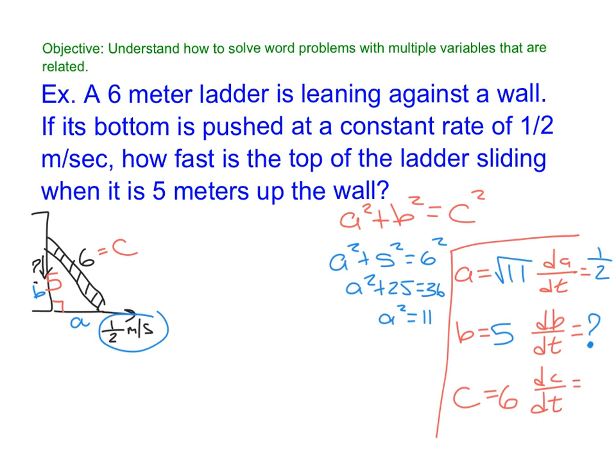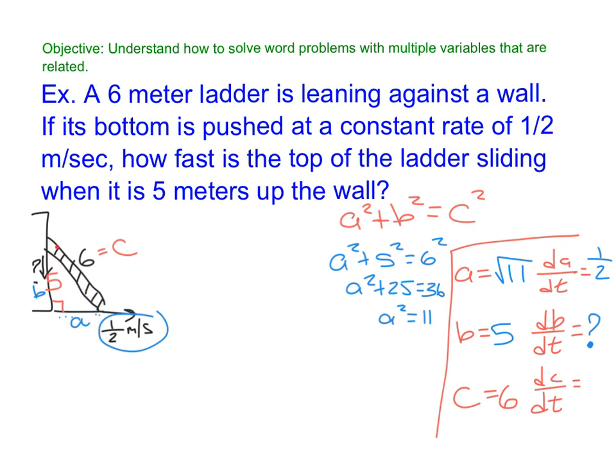Now, dC dt, I don't have that either. So think about what that represents. It's the change in the size. As the ladder moves out, this distance is changing and this distance is changing. Is the ladder changing? Is the ladder getting bigger as it goes?